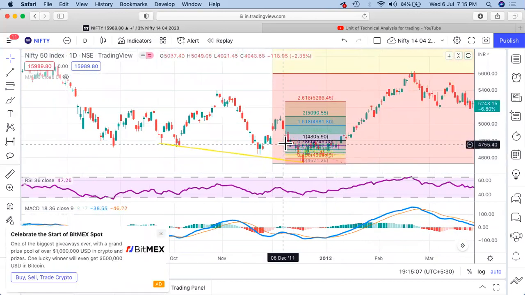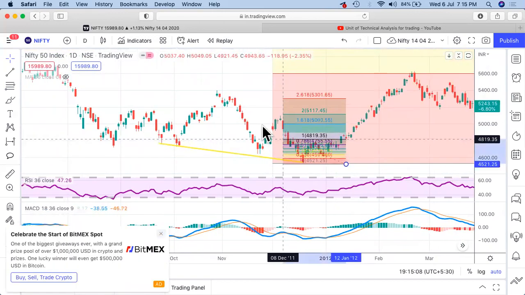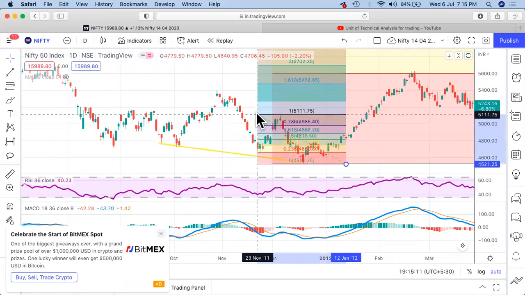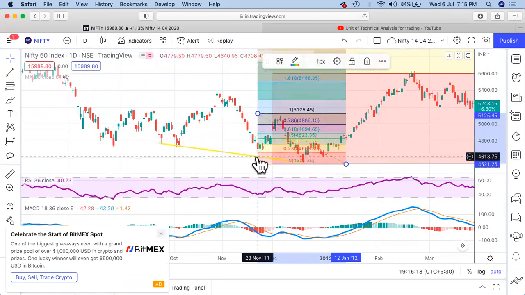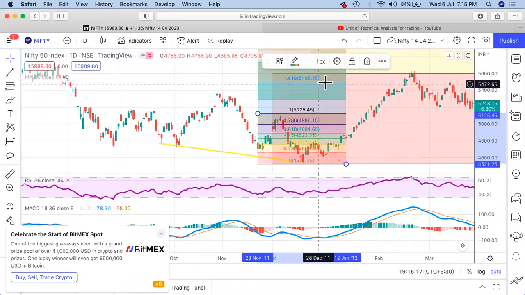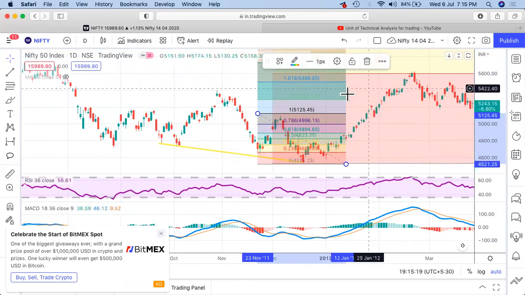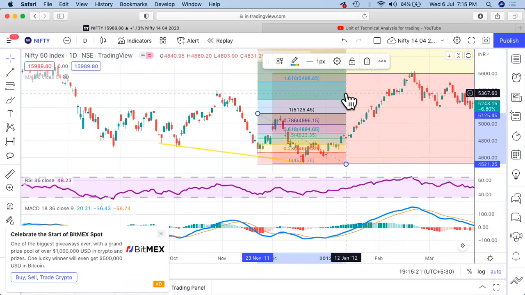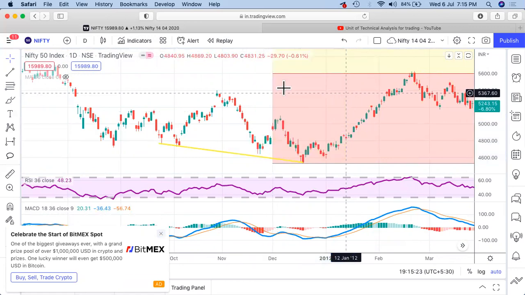And if we check this in terms of the bigger Fibonacci, considering this as the low and after that a reversal, again you get 1.618 or maybe just above that, right? So that's how it is for the wedge.